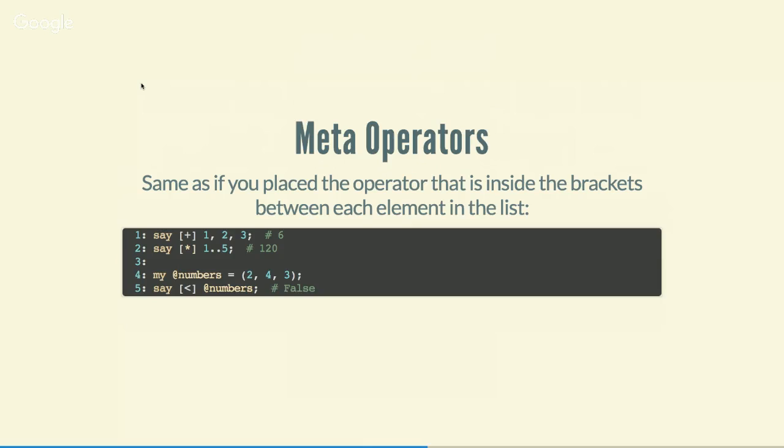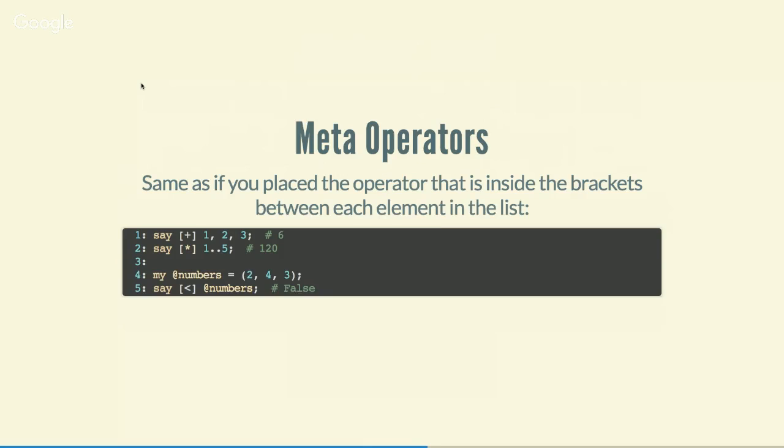So the first line is the same as if you put plus between 1, 2, and 3. The second is the same as if you put multiplication between each item. And on line number 5, you can see the less than operator. In this case, it returns false because 4 is not less than 3. So you can experiment with that.